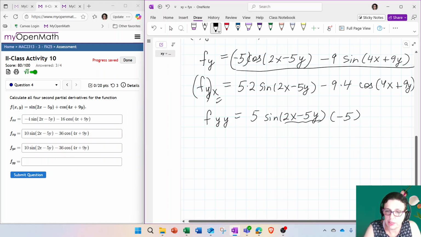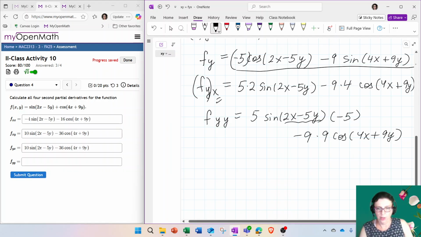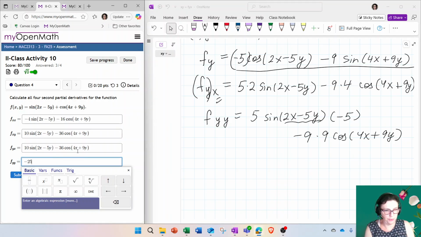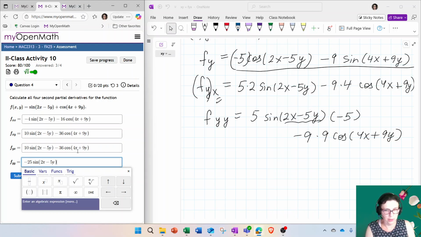Okay, now let's look at the last term. That one is sine of a thing, which is cosine of the same thing multiplied by the derivative of the thing with respect to y, which is another 9. Okay, so that gives me, combining the numbers, negative 25 sine of the thing minus 81 cosine of the other thing. Okay, I hope that's right.